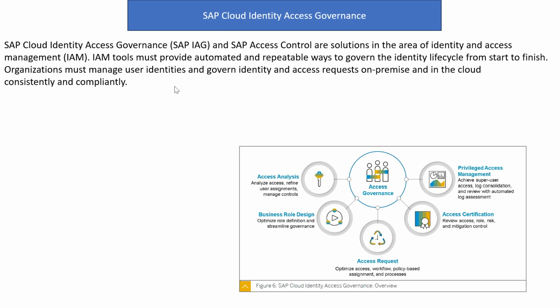When it comes to IDM, its responsibility was to provision the identity and authenticate the identity. But coming to GRC Access Control, we used to have all the functionalities of ARA, EAM, BRM.